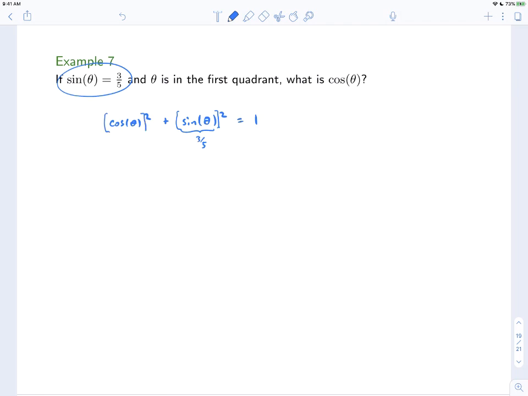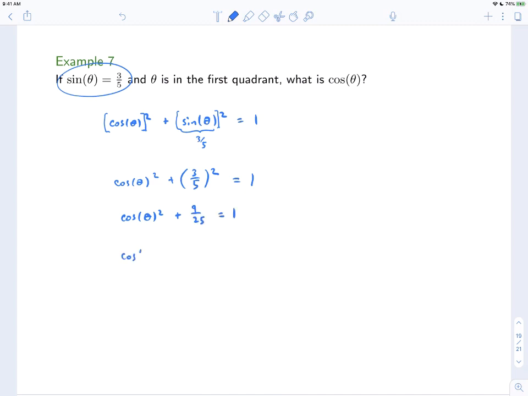Cosine of theta is the thing that we're looking for. So we have that cosine of theta quantity squared plus 3/5 squared is equal to 1. So cosine of theta quantity squared plus 9 over 25 is equal to 1.